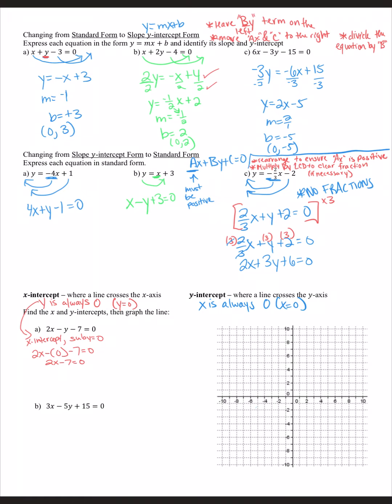And then we'll just slowly start isolating. So I'm going to bring that 7 over to the other side by adding it, and then I'm going to divide both sides by 2. So you're going to have the x is 3.5. And if we wanted to write that as a coordinate, we could say our x-intercept is 3.5, 0.